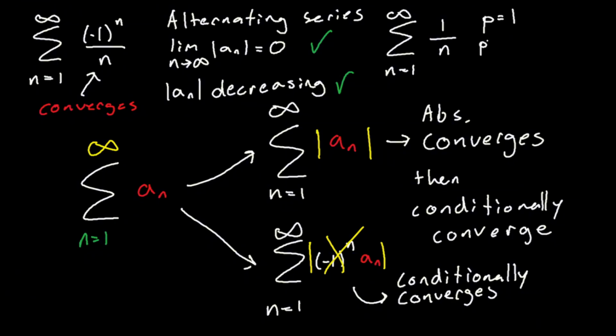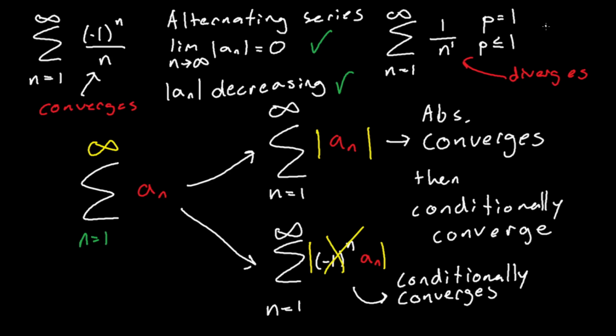But if you want to use the p-series test, p is less than or equal to 1, right? It's n to the power of 1, so p is equal to 1. Therefore, the series diverges. So look what we have here. The series converges before we take the absolute value of the series. Therefore, this guy right here, the alternating harmonic series, is conditionally convergent. It is not absolutely convergent.